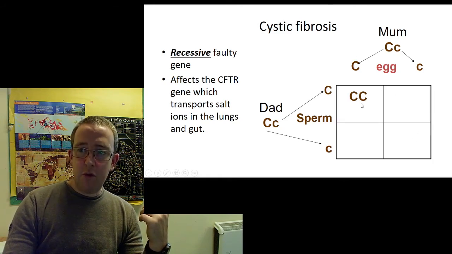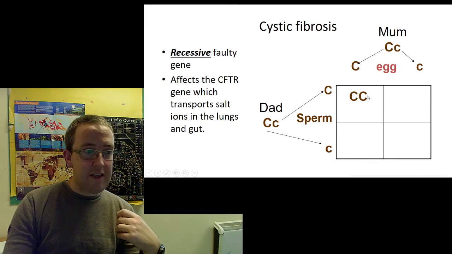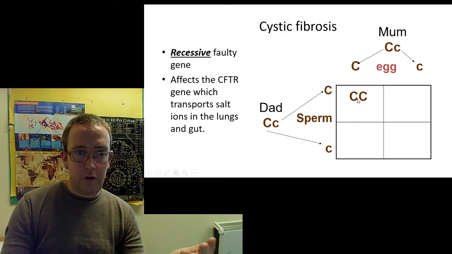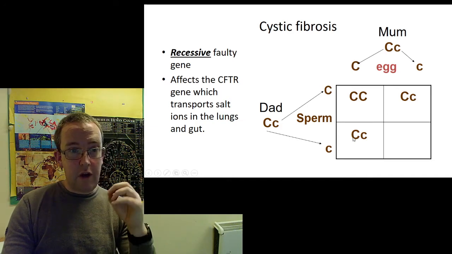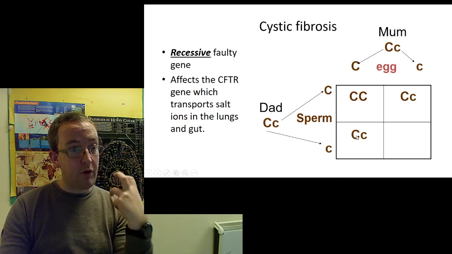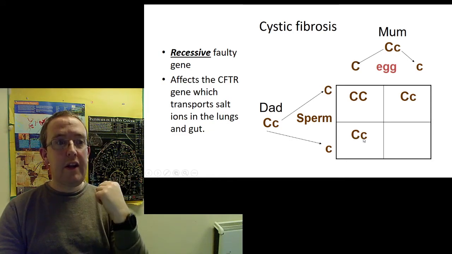You do the table, if that sperm meets that egg, that person is homozygous dominant, so that person doesn't have any cystic fibrosis genes, so they can neither have it nor pass it on. These people here, that sperm and that egg, and that sperm and that egg, have a dominant gene there like their parents, which will mean that they don't have this disease themselves because they've got one allele that will make the protein properly, so they'll be able to transport chlorine properly, but they are what we call carriers.